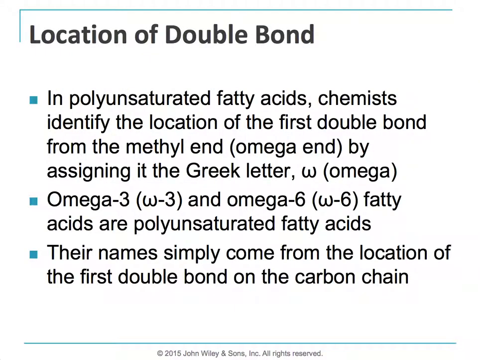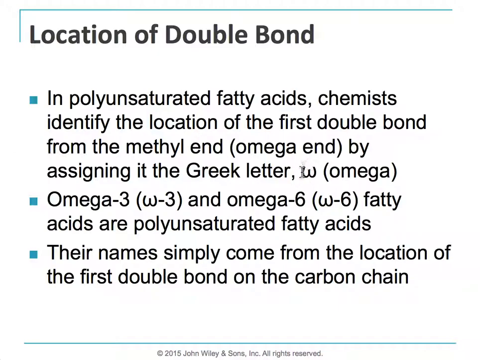Now, not only does the number of double bonds matter in an unsaturated fatty acid, but also the location of the double bond. So, in polyunsaturated fatty acids, remember those are the fatty acids with two or more double bonds, chemists identify the location of the first double bond from the methyl or omega end by assigning it the Greek letter omega.